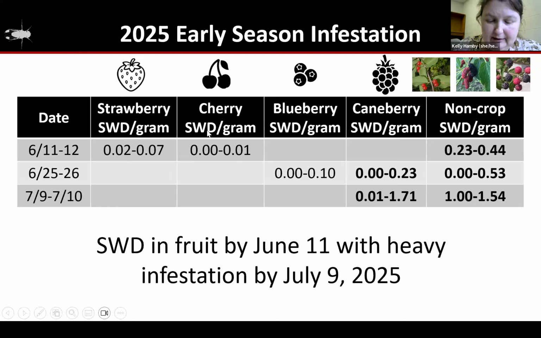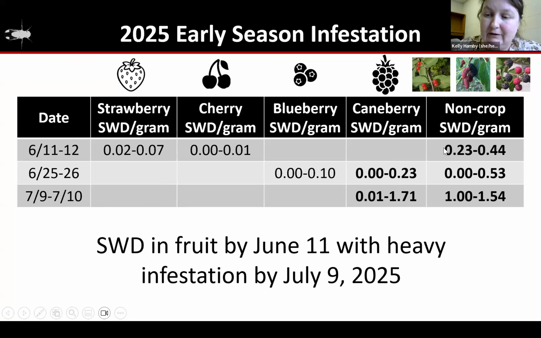Also, as they began to ripen, which was a little bit later that year in mid-June, blueberries and caneberries. And then in this whole time, we were sampling also non-crop fruits like honeysuckles, mulberries, and wild black raspberries that were kind of in the forest.